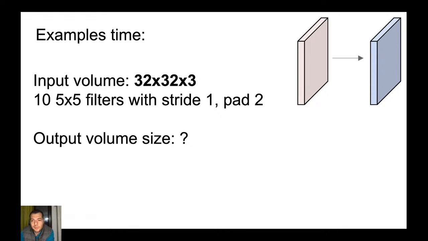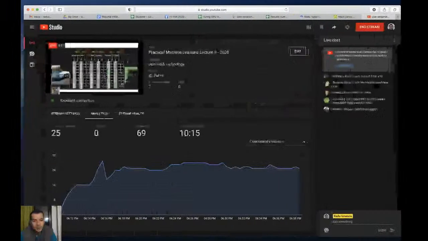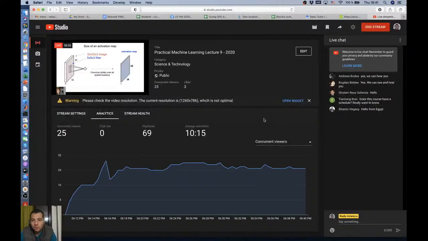The first question is: given an input volume of 32 by 32 by 3 components and a convolutional layer with 10 filters of 5 by 5 spatial support that are applied with a stride of 1 and a padding of 2, what would be the size of the output in this case? I'm not going to ask you about the explanation, just give me the size of the output, and I will consider that as a good answer.